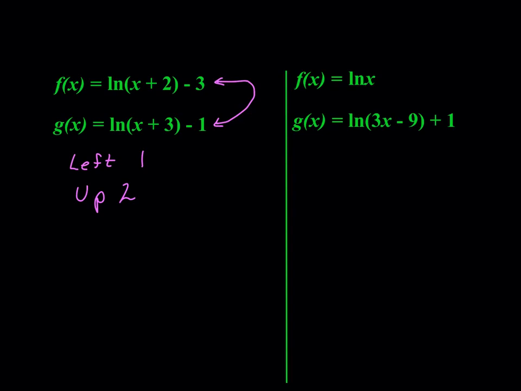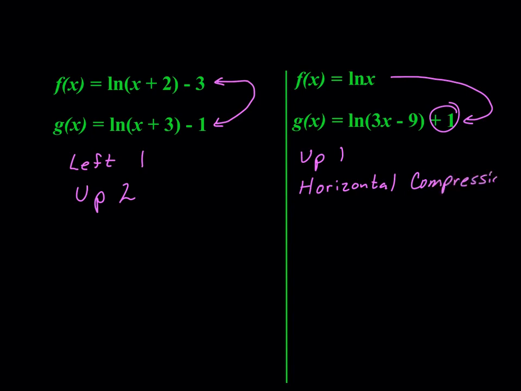All right, so the next one goes from the parent function to this one. And we know the plus 1 here on the end, that's the up 1. That's fairly easy. And we have a 3 in front of your x, which is a horizontal compression by a factor of 1/3.